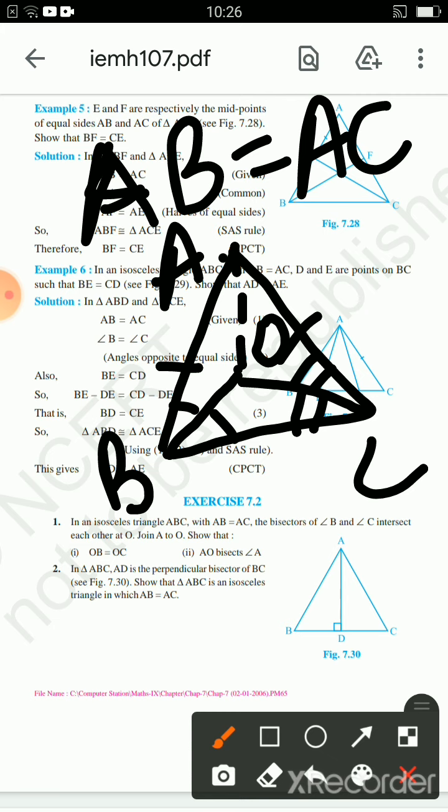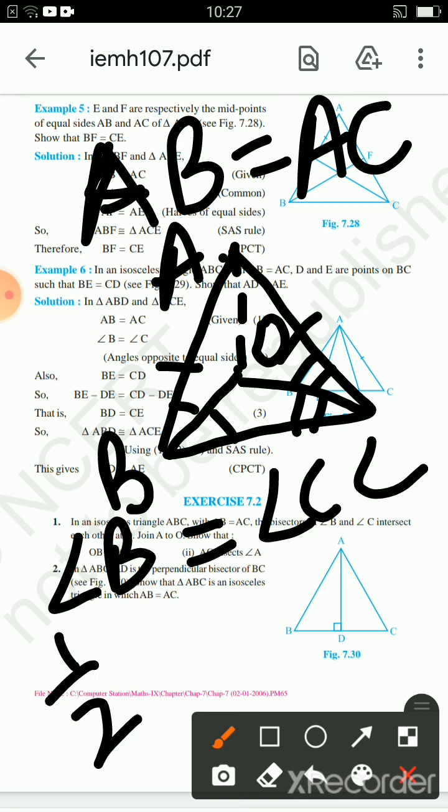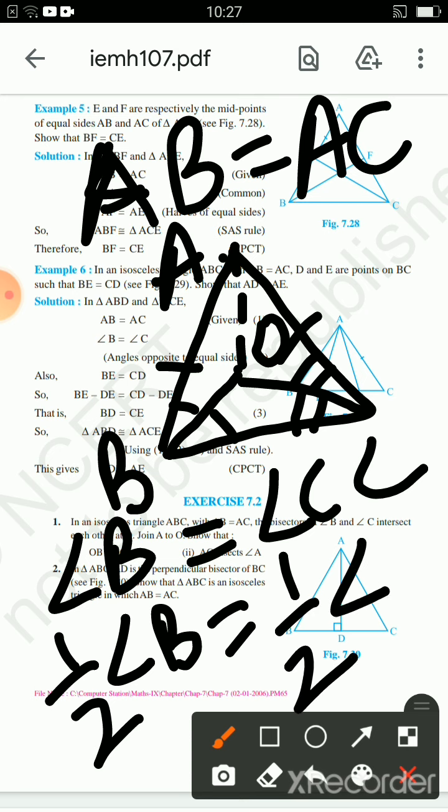First of all, angle C is equal to angle B. Why? The angles opposite to equal sides are equal. If angle B is equal to angle C, then half of angle B must also be equal to half of angle C. That means angle ABO is equal to OBC is equal to ACO and is equal to OCB.